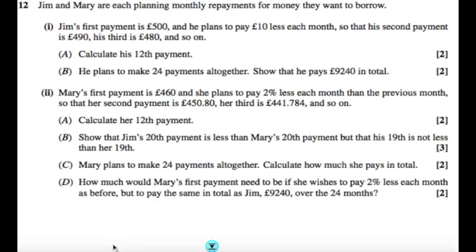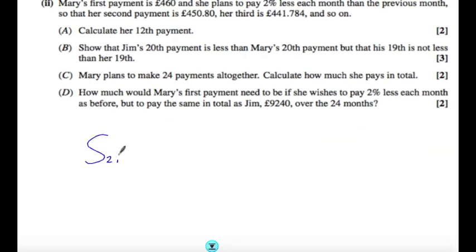Right, next part. Mary plans to make 24 payments altogether. Calculate the amount she pays in total. So now we're working out S24 for this.